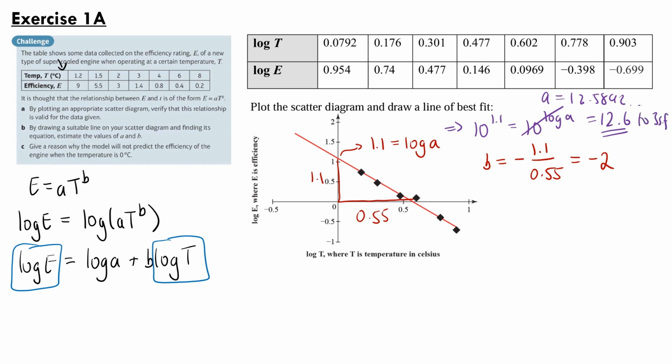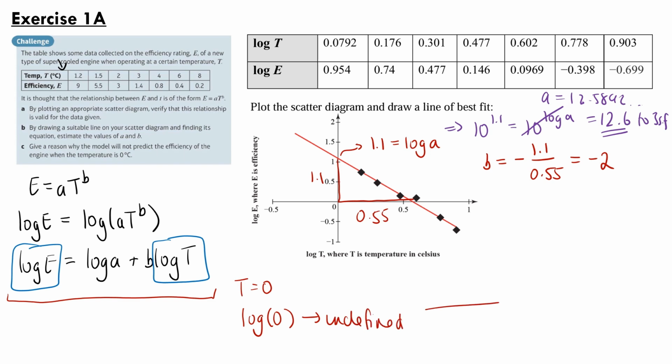And then finally, for part C, give a reason why the model will not predict the efficiency of the engine when the temperature is 0 degrees. Well, this is the model here, log of E equals log of A plus B log of T. If we plug in T equals 0, then we have to evaluate log of 0, which is undefined.